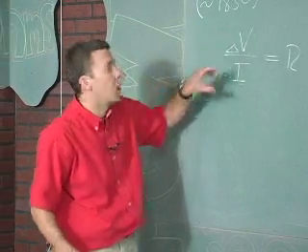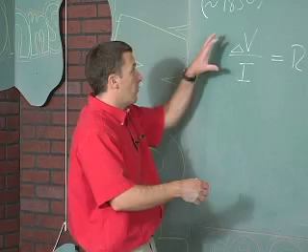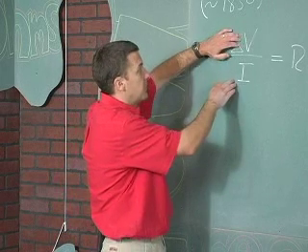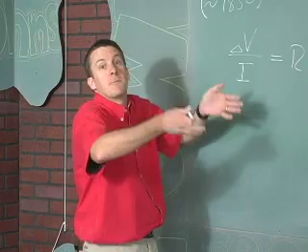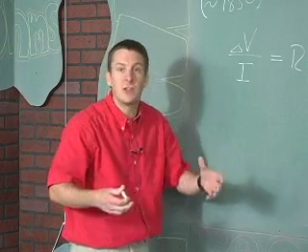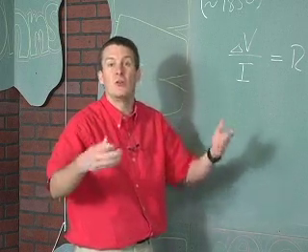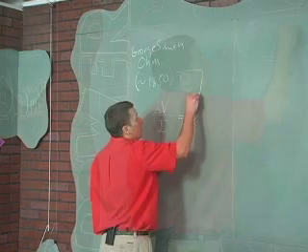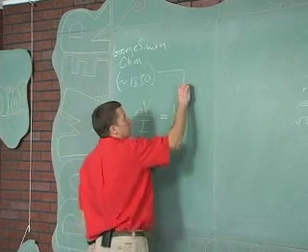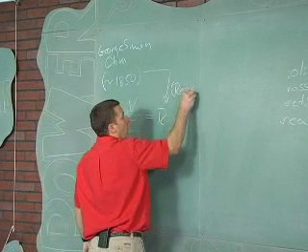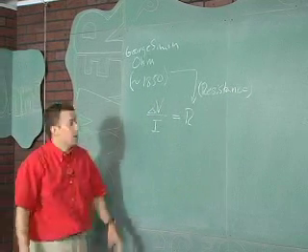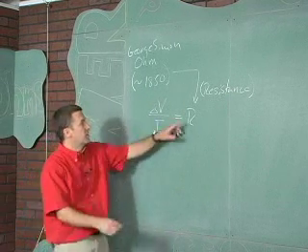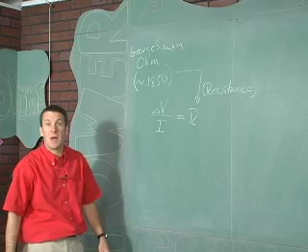But this ratio remained constant. As the potential difference increased, the current increased. But the properties of the conductor collectively are called resistance. And so he defined this term resistance, which is symbolized with a capital R.